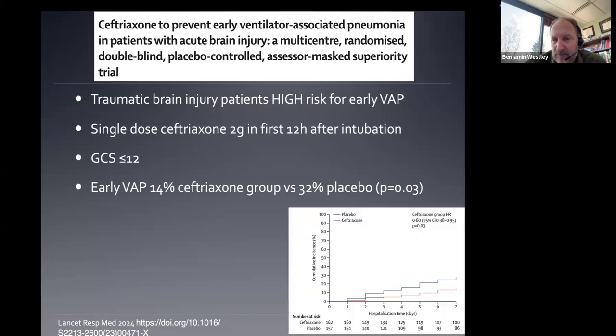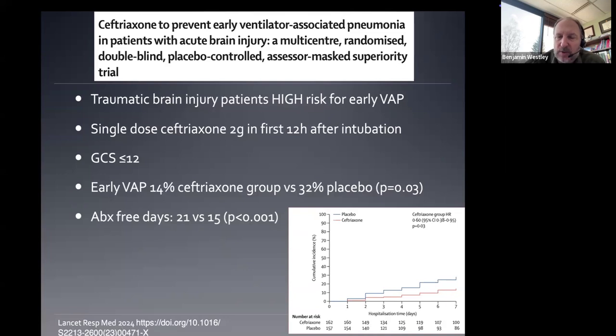This is the cumulative incidence curve, and you can see that it separates by day 3 or 4, placebo versus ceftriaxone, substantially fewer pneumonias in the ceftriaxone group. One of the things that was exciting about this study for antibiotic stewardship folks is that the patients that got a single dose of ceftriaxone, because they developed so many fewer pneumonias, had a total of 21 antibiotic-free days in the ICU versus 15 antibiotic-free days in the group that was not treated.